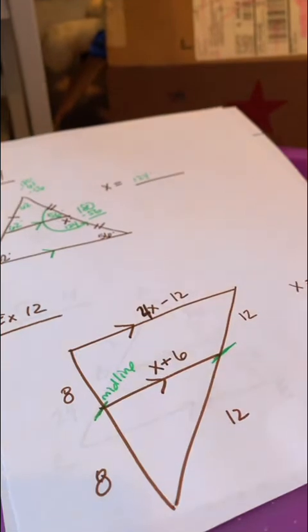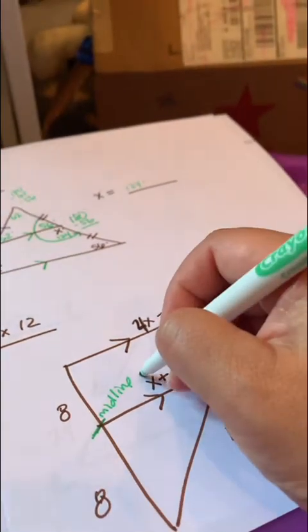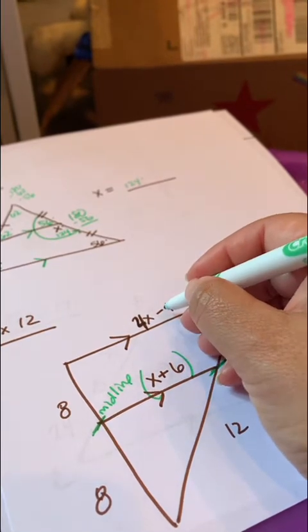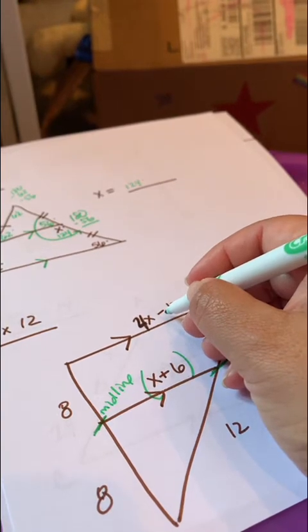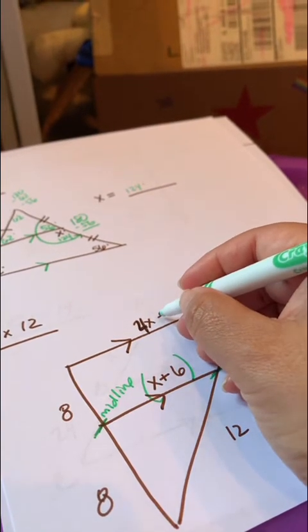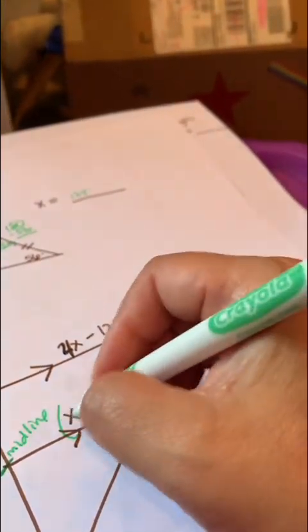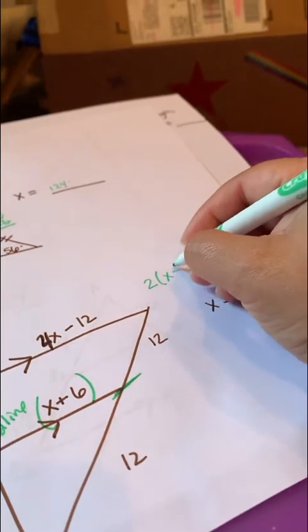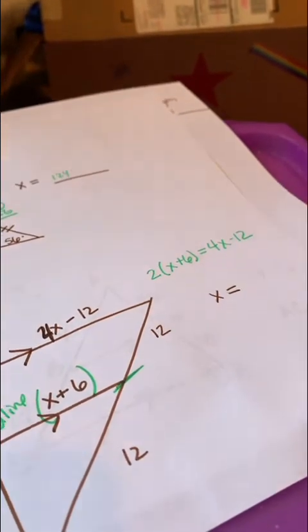So what happens is that this middle line is half of the top, or the top is double what that one should be. So in order to solve it, I doubled the middle one up. I say 2 of those is going to equal the other one.